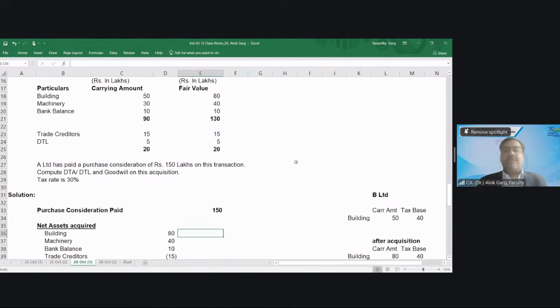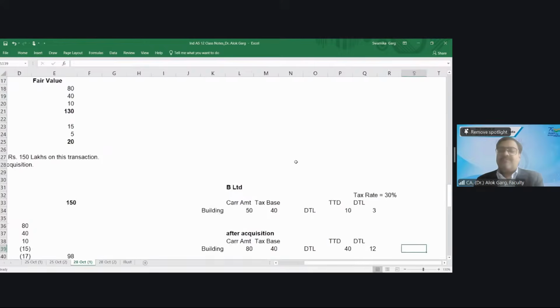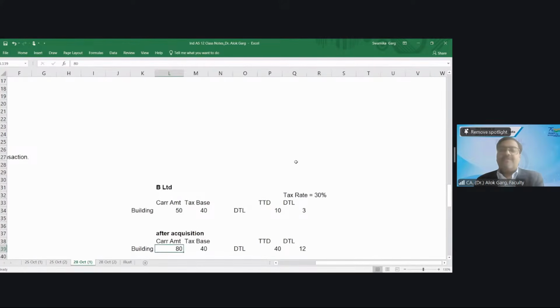Purchase consideration paid is 150. Net assets acquired: building at fair value, machinery at fair value, bank balance at fair value, trade creditors at fair value. What about deferred tax liability? What about DTL? See, this building's carrying amount was 50 lakh, right?